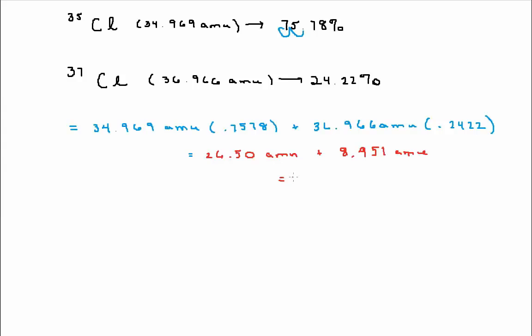And so what I end up getting for my final answer, since I want 2 decimal places from here, there are 3 here, so my final answer needs 2 decimal places, I would write it out as 35.45 AMU.